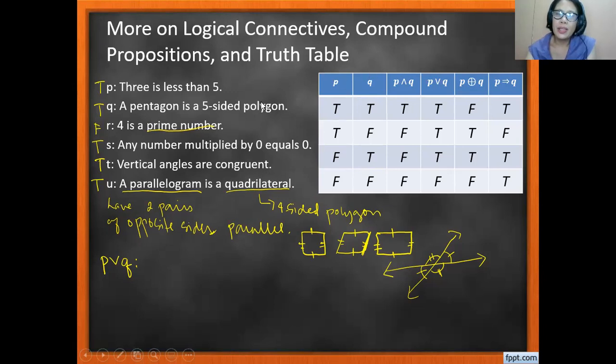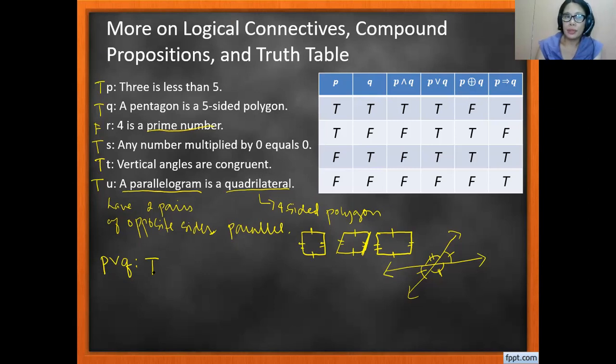Are statements P and Q true? So P or Q is true, right? The condition for P or Q to be true is that either P or Q must be true. In that example, both P and Q are true. So P or Q is true.